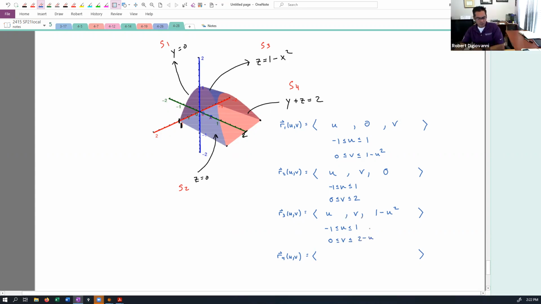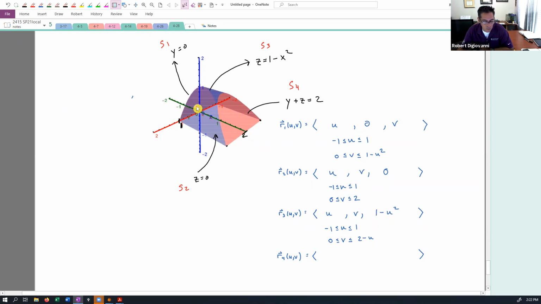Okay, let's think about this. We want to draw this blue surface. So we know that the x's will have to be between -1 and 1. So I like that: u is between -1 and 1. The v is the y coordinate.